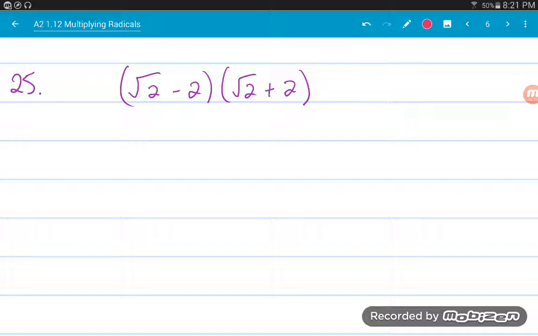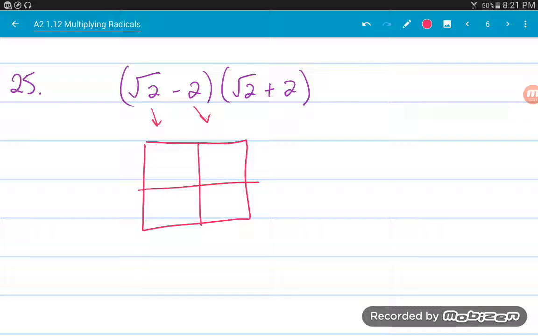So what I'm going to do is I like to use the box method. I'm going to set up the box method as a 2 by 2. Radical 2 minus 2 is going to go on the top, and on the side, radical 2 and plus 2.